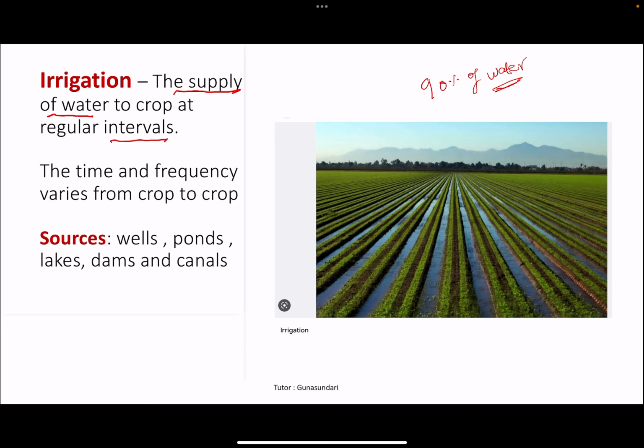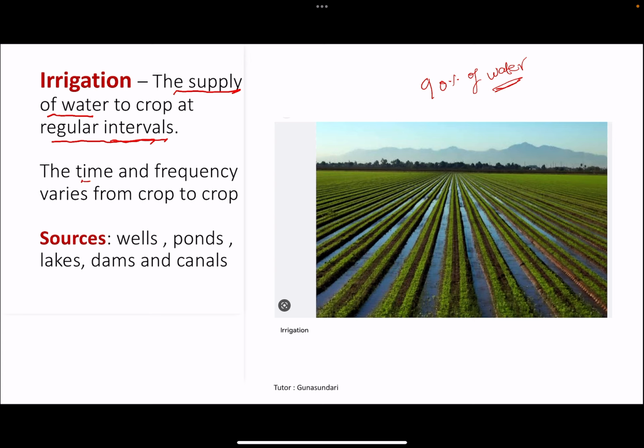To maintain the moisture of the soil for healthy crop growth, fields have to be watered regularly, that means at regular time intervals. Hence irrigation is the supply of water to crops at regular time intervals.